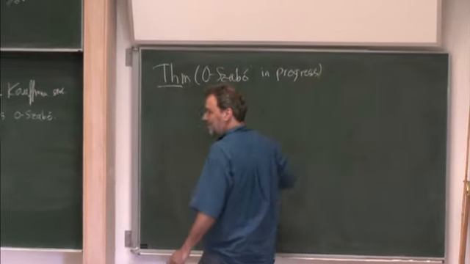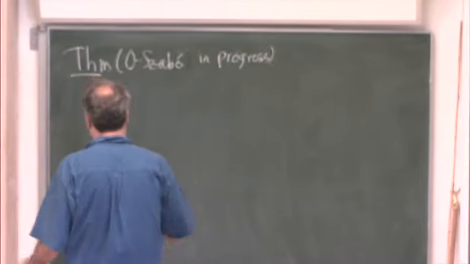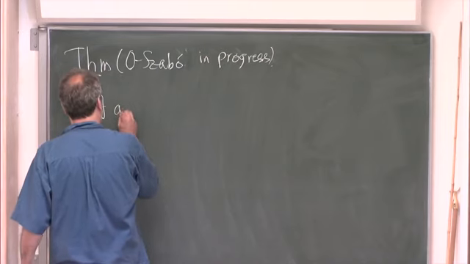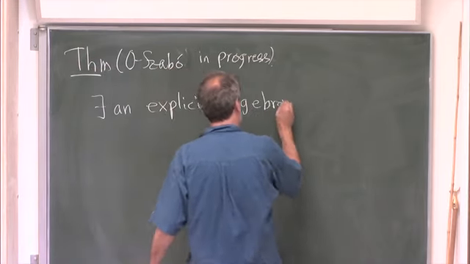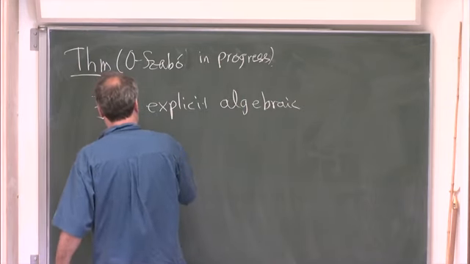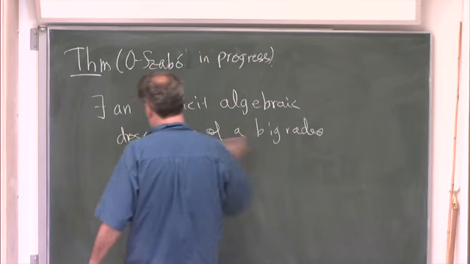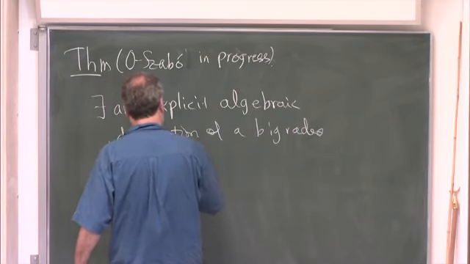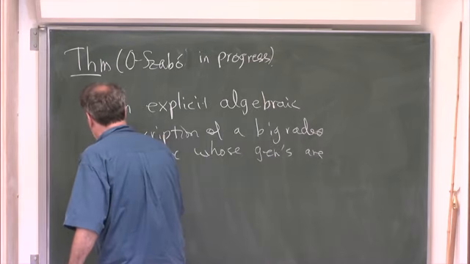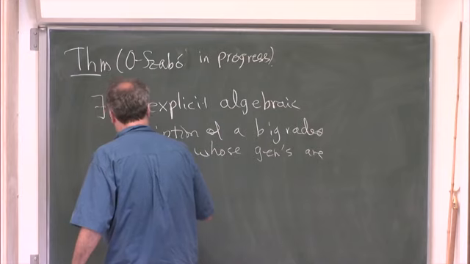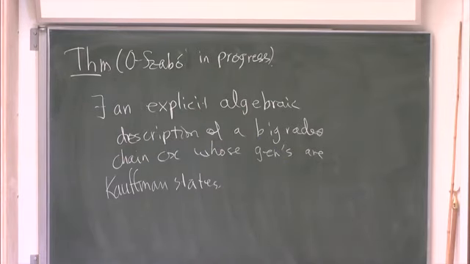And the statement is going to be vague. Somehow the fact that there exists such a chain complex we knew back in 2003, but there is an explicit algebraic description of a bigraded chain complex whose generators are Kauffman states and whose differentials can be understood explicitly algebraically.